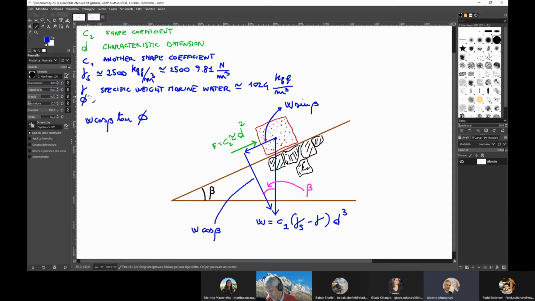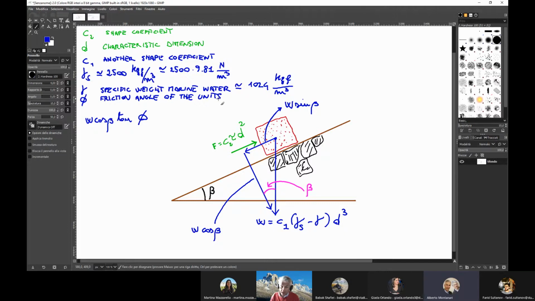So what is phi? It's the friction angle of the units. Okay, so if you have this component perpendicular to the side and you multiply it by the tangent of phi, then you obtain a second stabilizing force, which is due to friction.